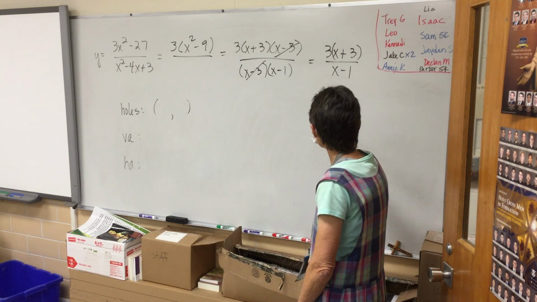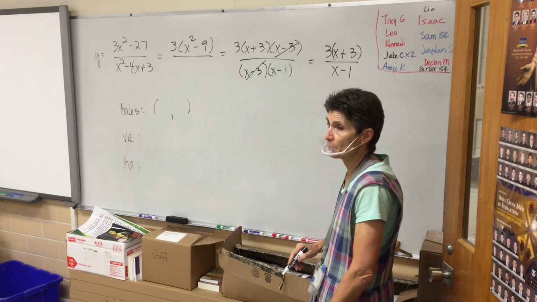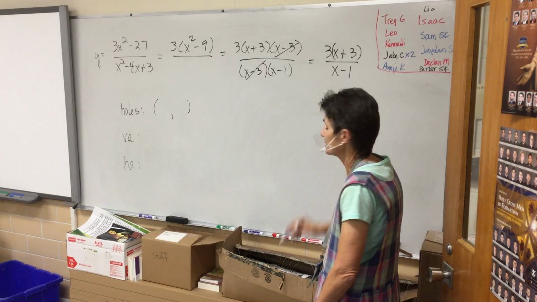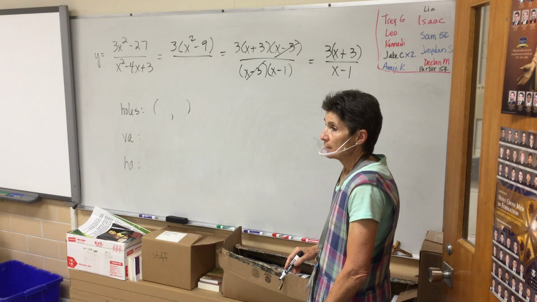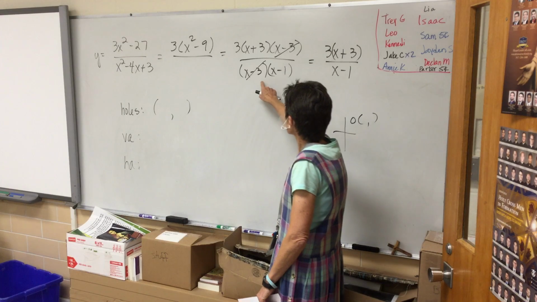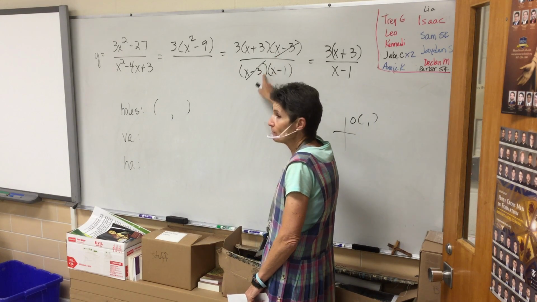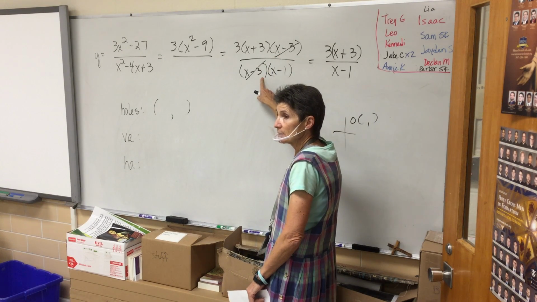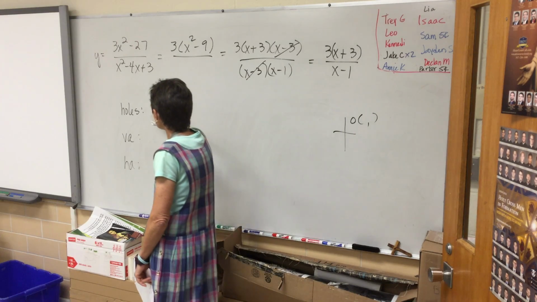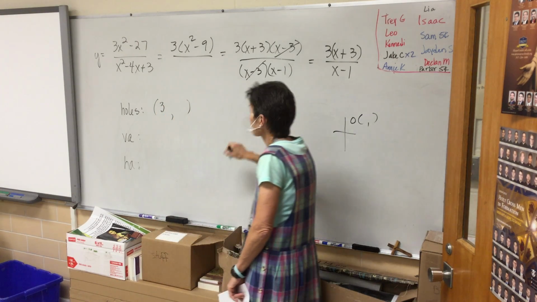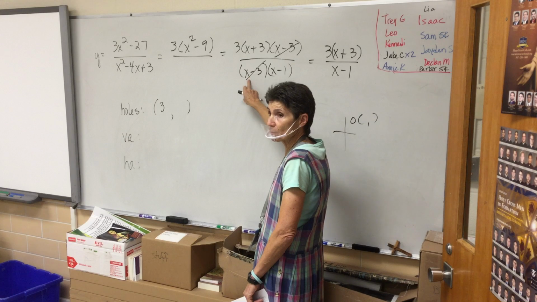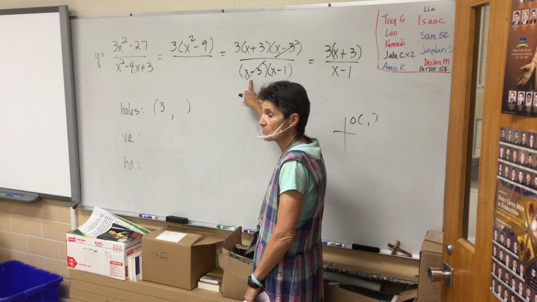When you graph it, it's going to be an open circle in your picture, so it has coordinates. The x coordinate comes right from what you cancel. So the x coordinate is going to be 3. That's what you canceled out. 3 minus 3 is 0. That's what you canceled out.